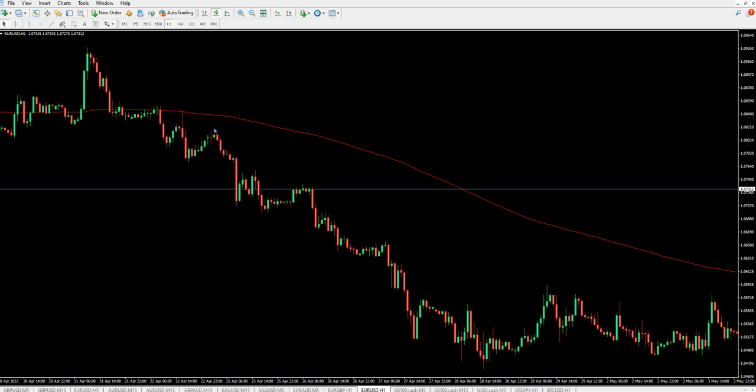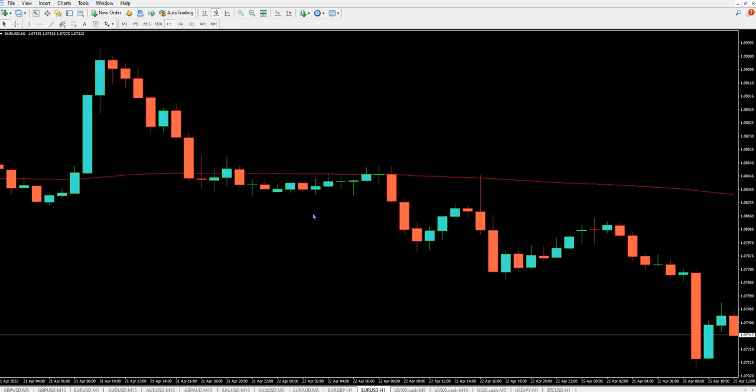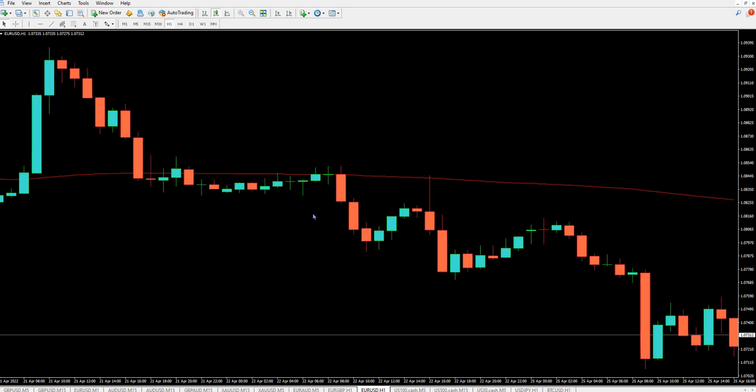So this is actually more or less my preferred way of using moving averages, is playing off of the bounces, and you can get really precise entries doing so. And so let's zoom in. All right, so again, we've got the euro hourly chart.